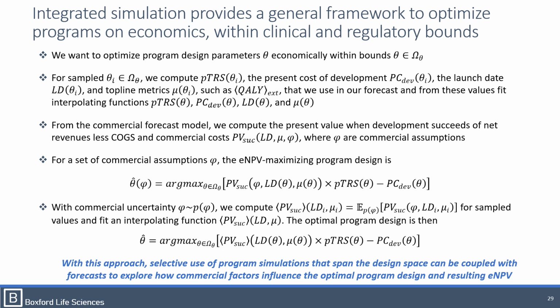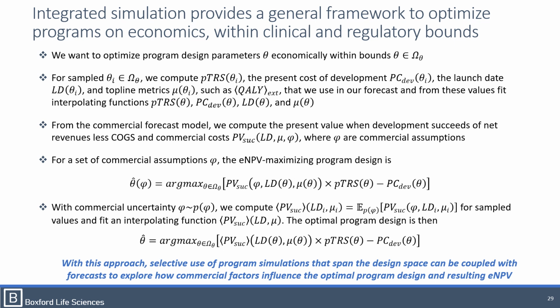And we do our program simulations to calculate the probability of technical and regulatory success, the present cost of development, which is all the development costs discounted back to the evaluation date according to the cost of capital and summed together, and the launch date, and any of the top-line metrics, such as the quantities that we would need to calculate other assumptions in our forecast.